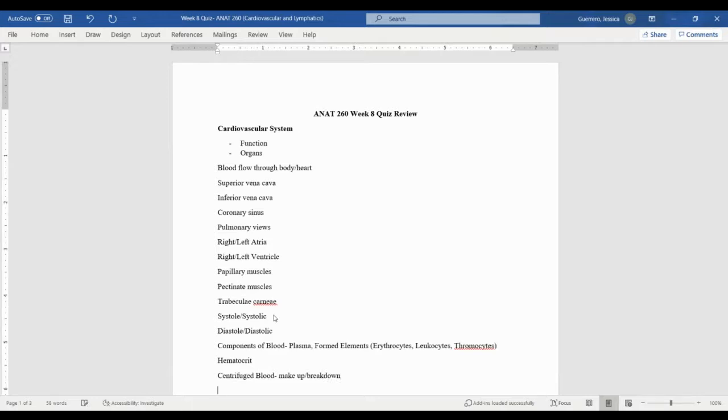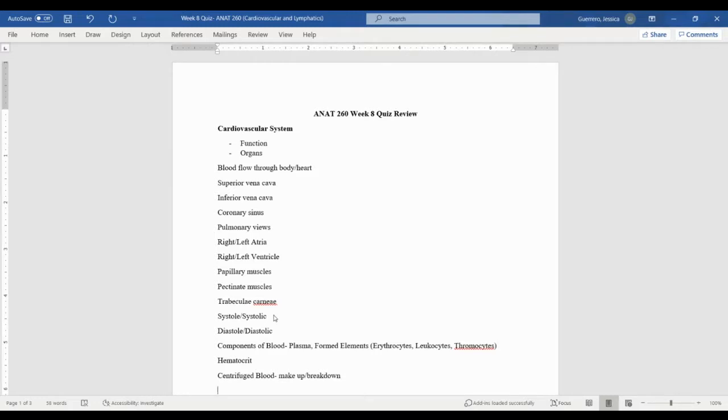Centrifugation is when it's done really quickly so that the formed elements separate out and there are different layers. Make sure that you are familiar with those components. This is kind of blood in lymphatics, so I'm going to keep it with lymphatics on that one.